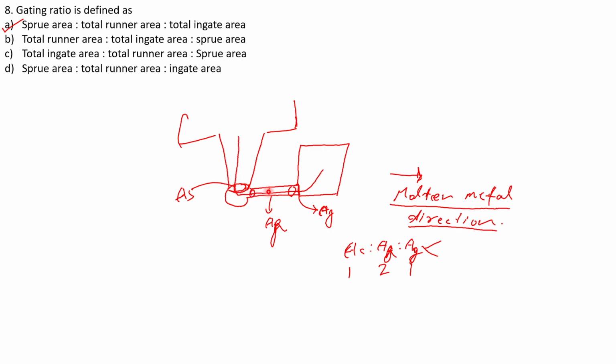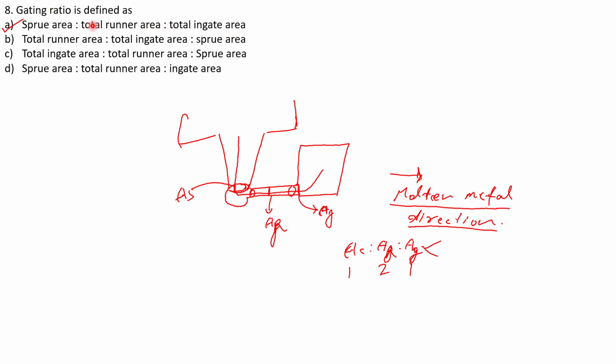Then after sprue, it will go into the runner system, and after runner system, it will go inside your cavity from the gate. So the gating ratio will be defined as cross sectional area of sprue, ratio cross sectional area of runner, then cross sectional area of gate. So gating ratio is defined as sprue area, total runner area, and total in-gate area.